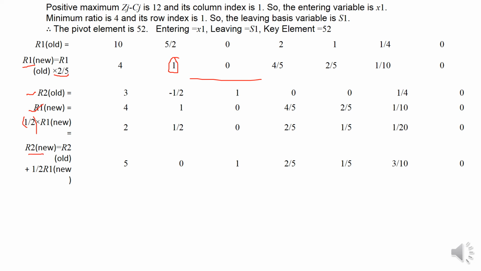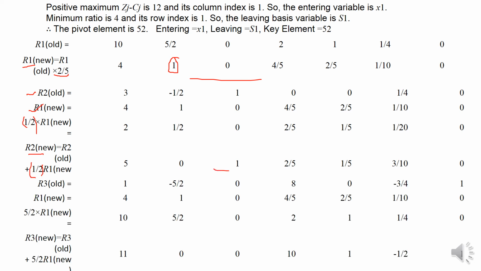R2 new will be R2 old plus 1 by 2 R1 new, and we get this. Then R3 old, R1 new, then 5 by 2. We multiply it, and then we get R3 new, R3 old plus 5 by 2 into R1 new, and we get this.